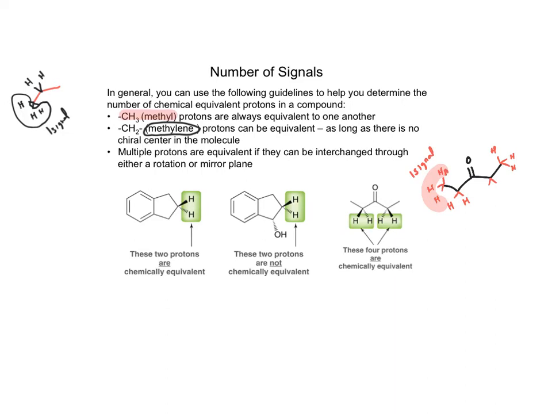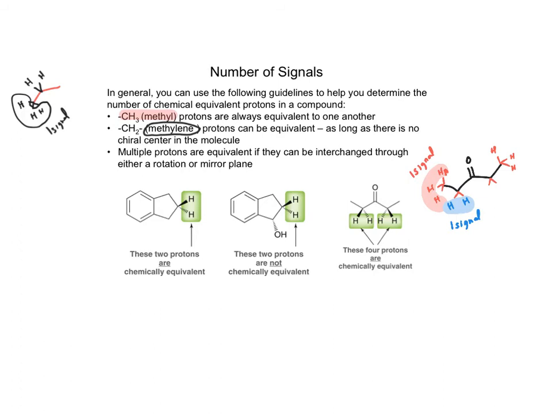We also just said that methylene protons will give rise to one signal as long as there's no chiral center. For this molecule, is there a chiral center in this? No. So these 2 would be one signal as well. Okay, so we'd have one signal from this guy. But now, even though these are at different regions of the molecule, can these guys and these guys be replaced via one of our symmetry operations?